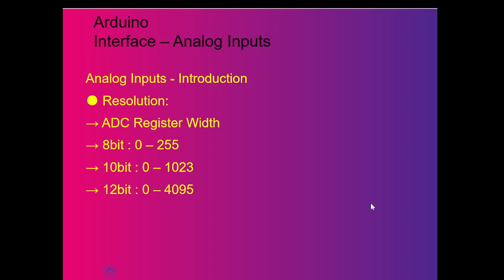Analog inputs like introduction, resolution like ADC register width. In 8-bit like 0 to 255, in 10-bit like 0 to 1023, in 12-bit like 0 to 4095.